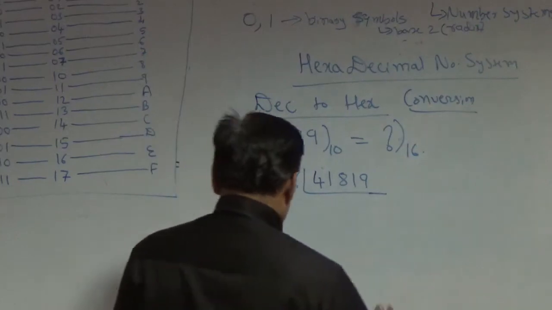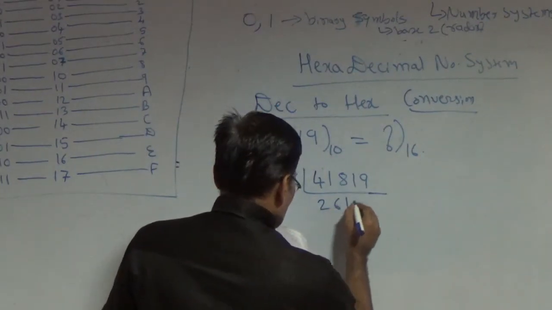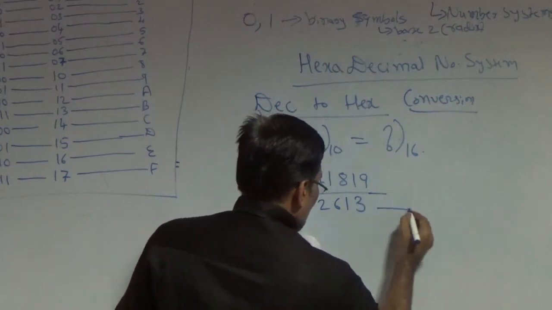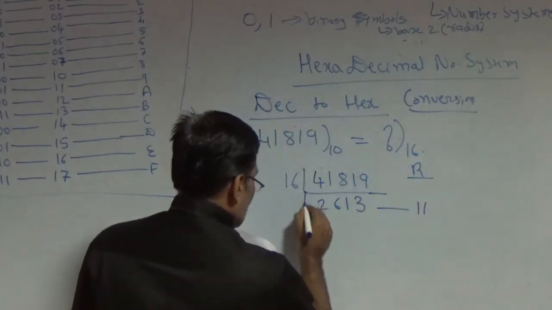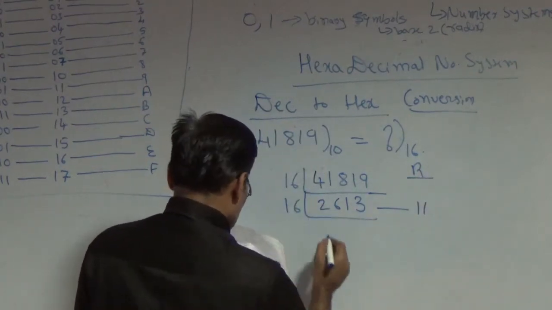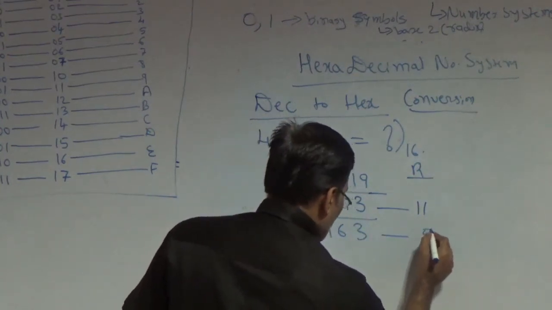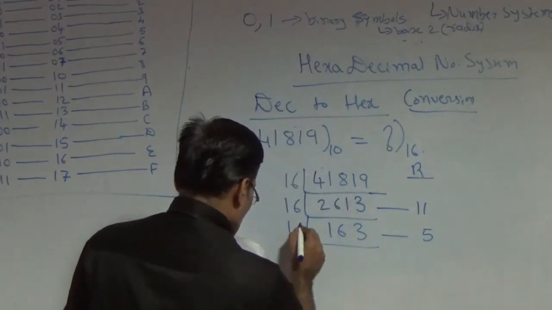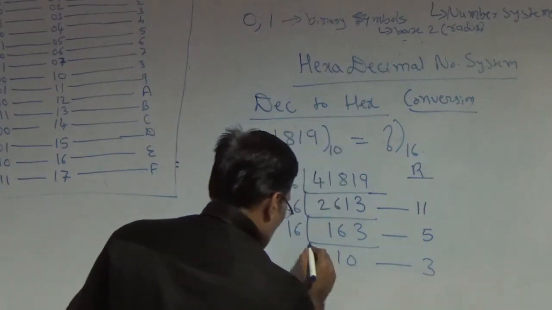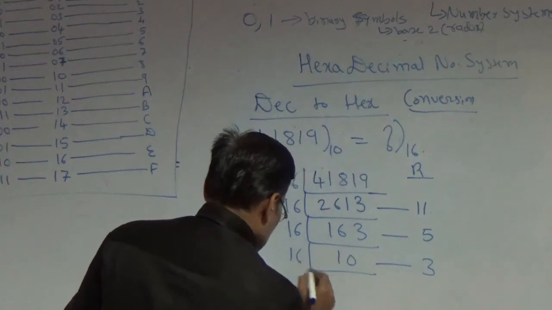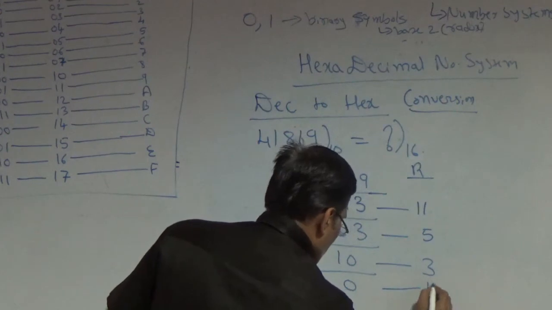If you go on dividing, you will find the remainder as 1 in the first step, in the second iteration remainder 5, in the third iteration remainder 3, and in the last iteration remainder 10.